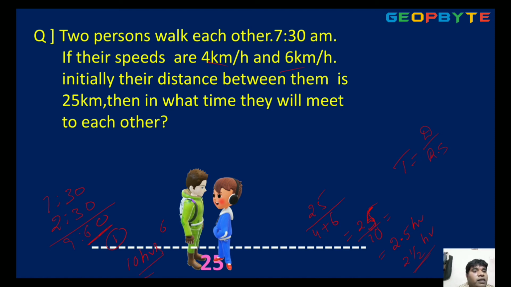This is one method, children. Another: add these two, 7:30 and 2:30. 0 plus 0, 3 plus 3 is 6. But 6 can't be written directly because in time we compare with 60 minutes. From 60 and above, 1 is added, 1 hour. It is converted into 1 hour. A small example: 9 plus 6 is 15.